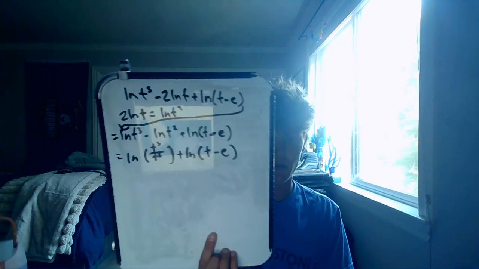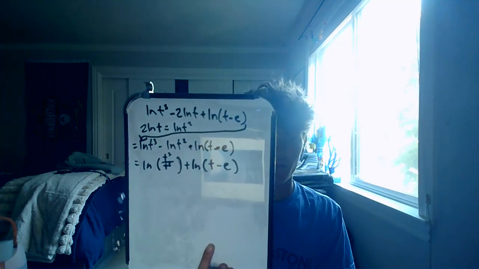This is what we have so far. Now this just simplifies to natural log of t plus natural log of t minus e.